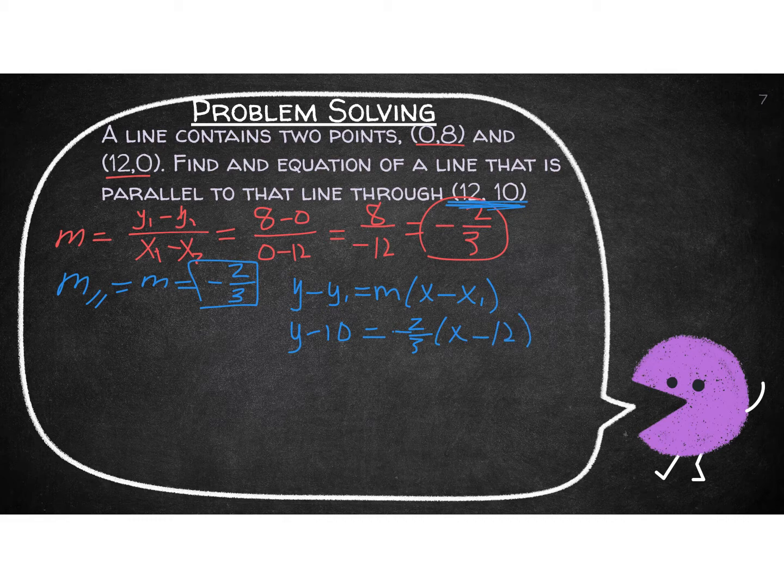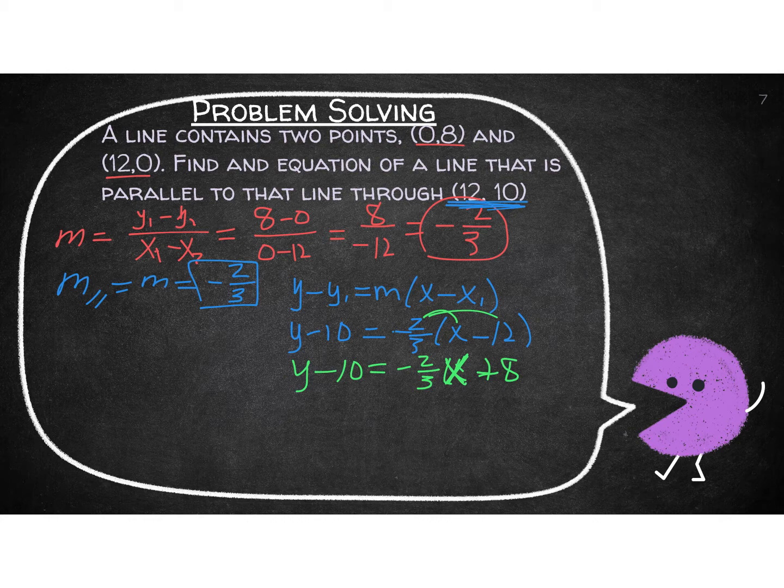Now solve for y. y minus 10 equals negative 2/3 x, minus, double negative actually, minus the negative, so plus 8.